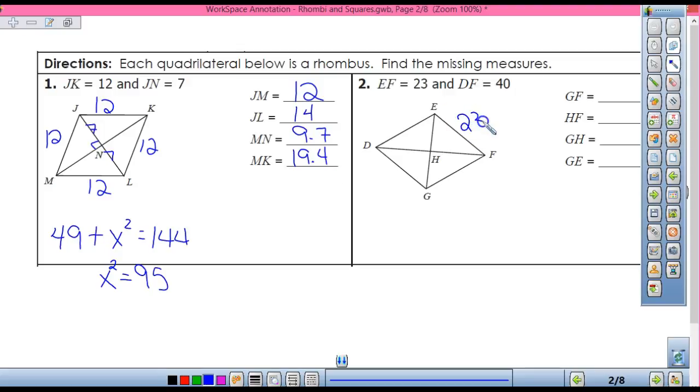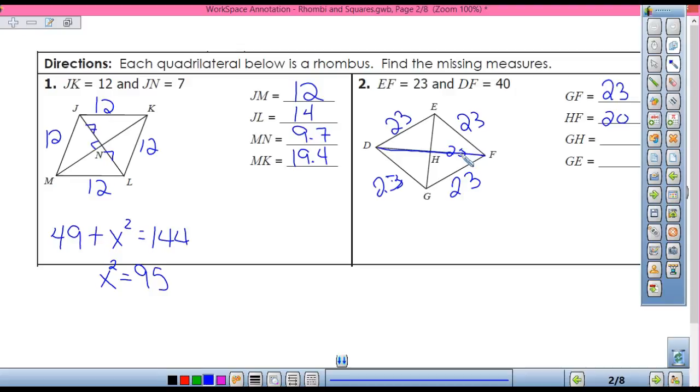EF is 23. DF, this whole guy, is 40. So what's GF? 23. Why? All sides are equal. HF is 20 because diagonals bisect each other.